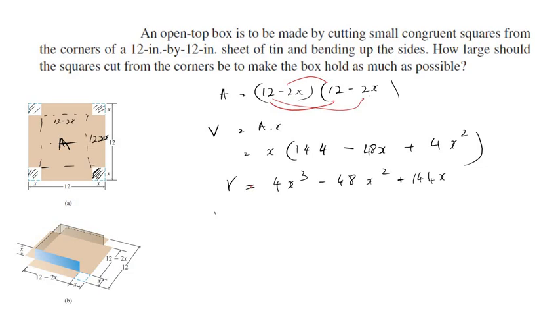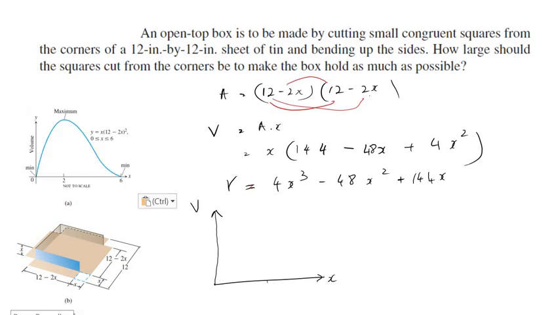If we plot the volume versus x, we check where the volume is maximum. That would be the x that makes the volume maximum. I can show you a plot of that.